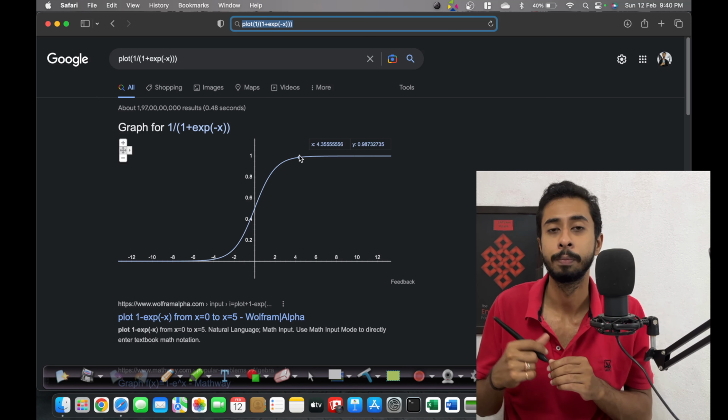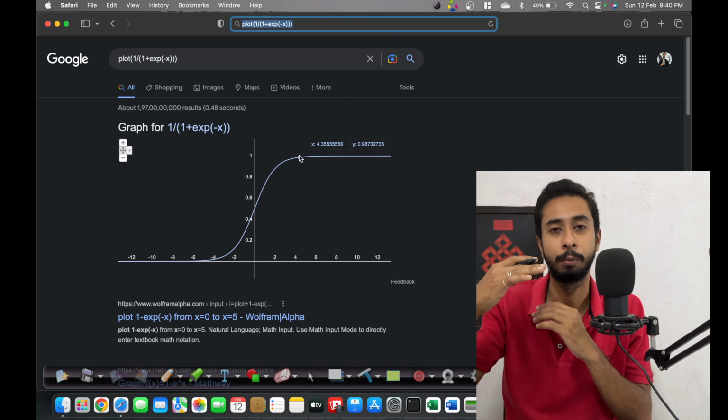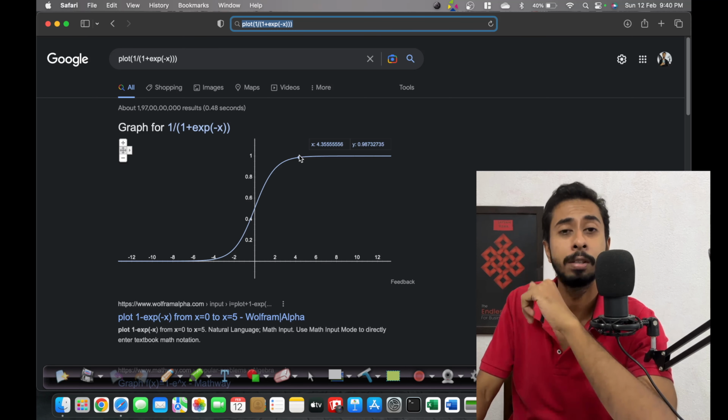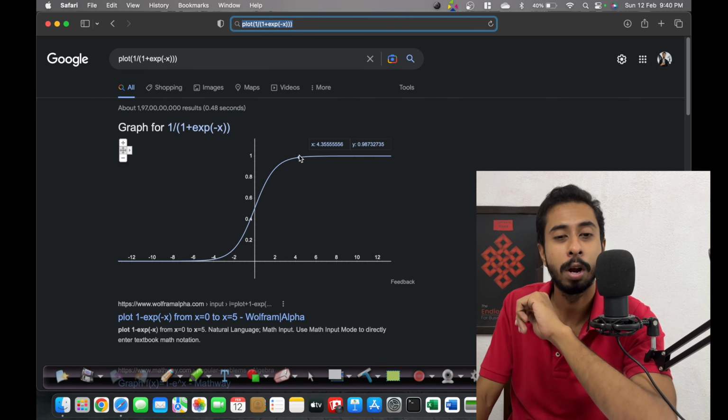So what we want is to bring the values in a certain range, we want to squash the values, and that is what a squashing function is used for. And the best one here which we'll be using is the sigmoid function, okay?